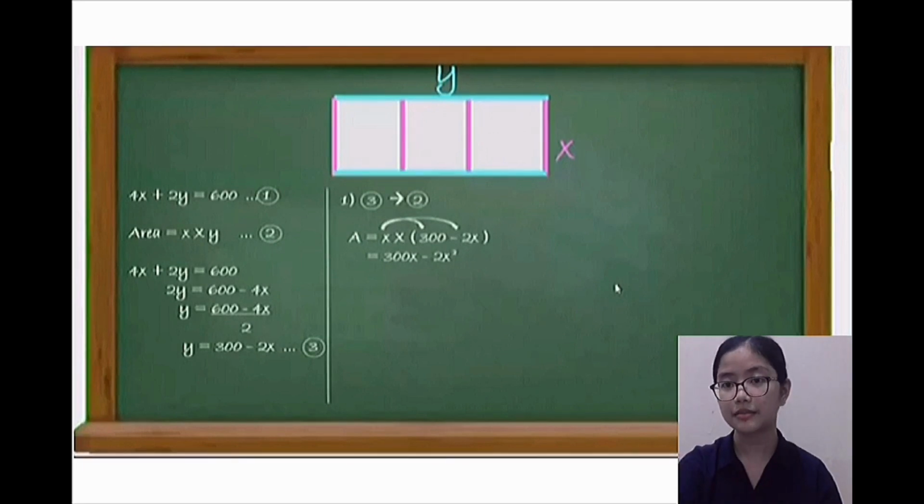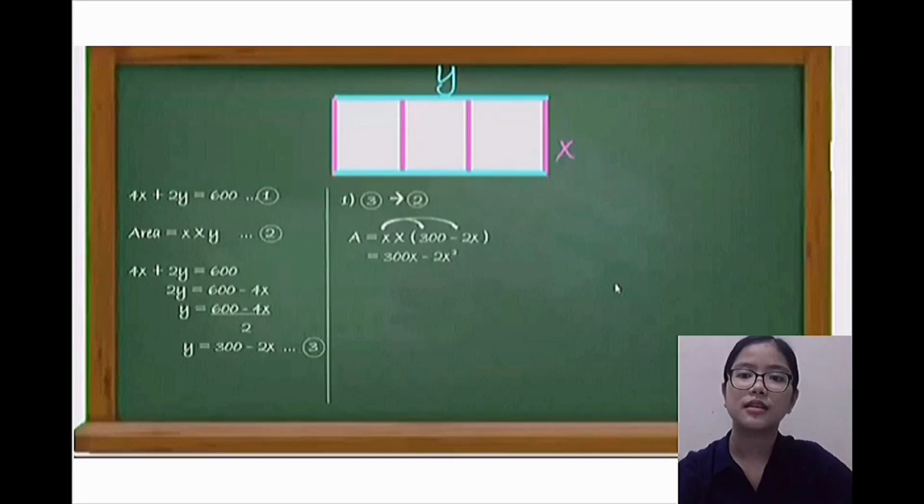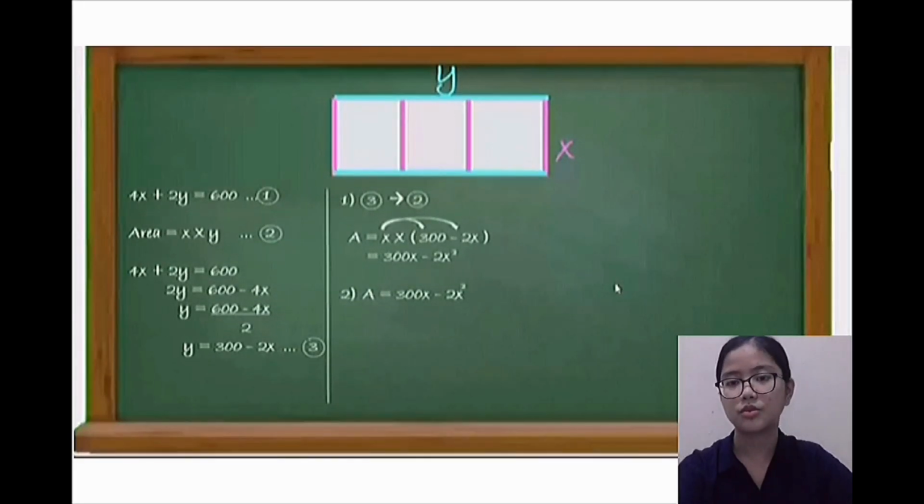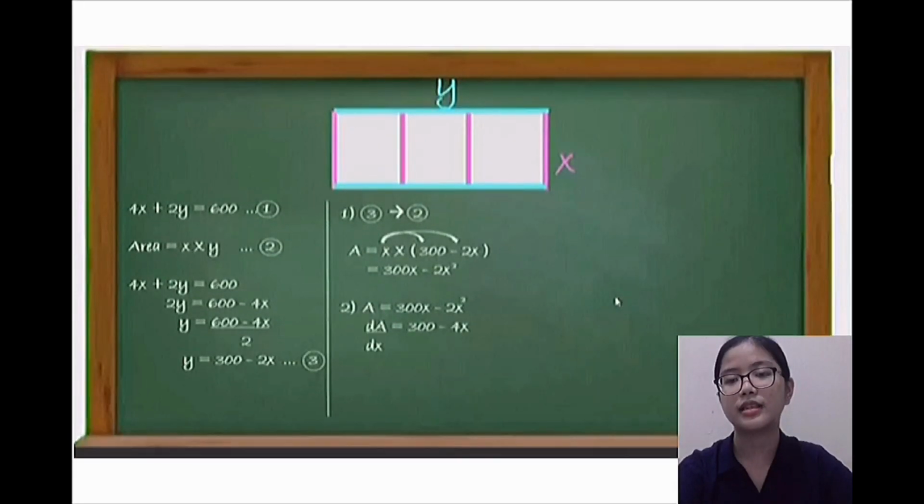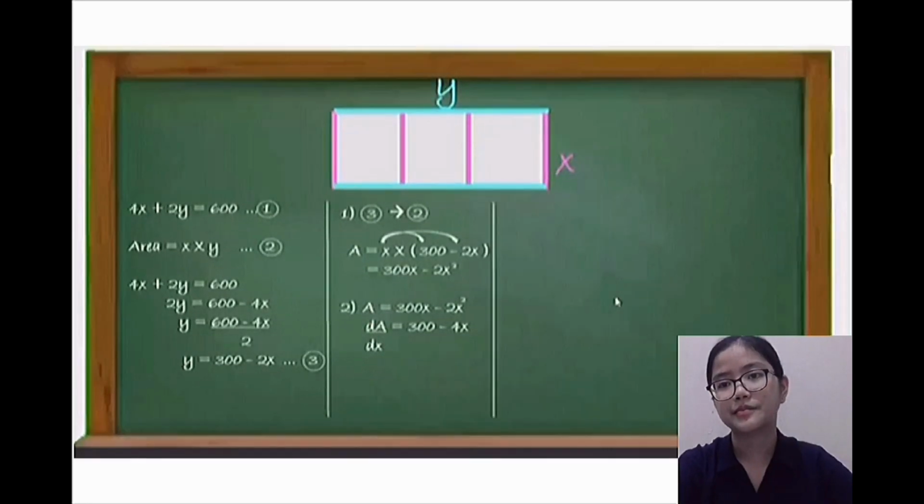For the second step, we need to differentiate it. Now for A, we have 300x minus 2x to the power of 2. So when we differentiate it, we get 300 minus 4x.